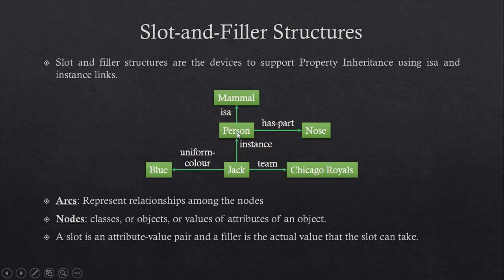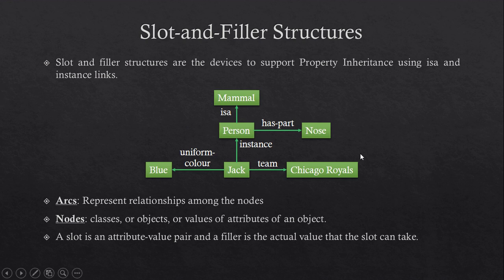That means Jack is an object. Jack has attributes team with the value Chicago Royals and attribute uniform with the value blue. I hope that it is clear from this example what a slot and filler structure is.